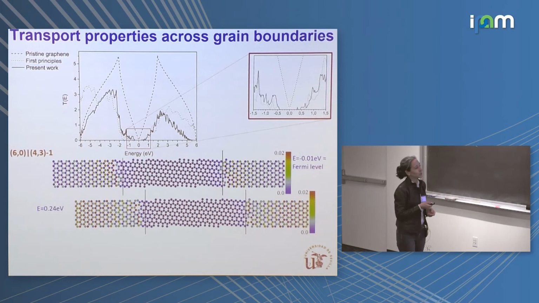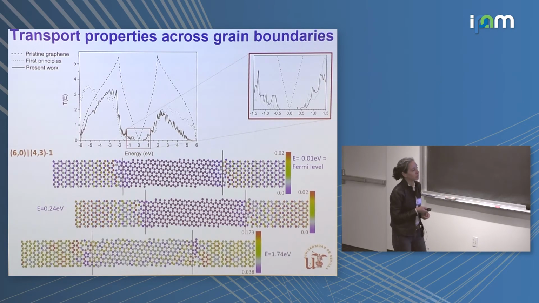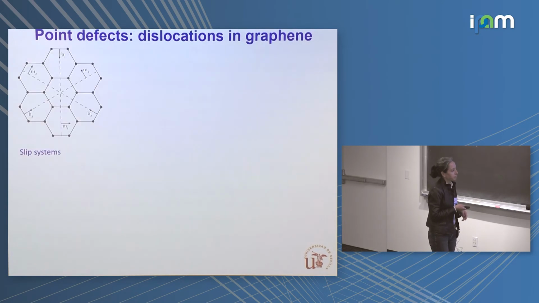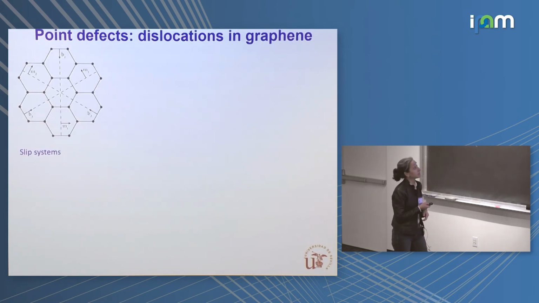When the energy level is still lower than this band gap, of course here you don't have transmission, whereas when you go to higher levels of energy, you have different values, different colors. But you have transmission here. This is another study that you can do in order to be sure that things are working fine.